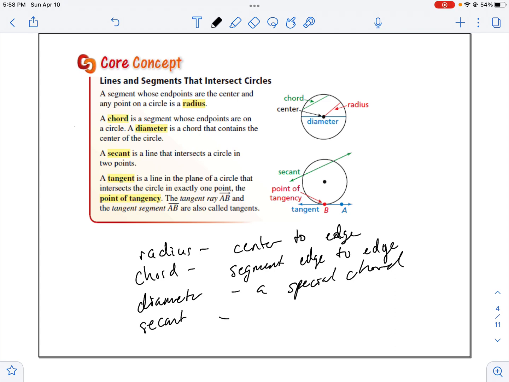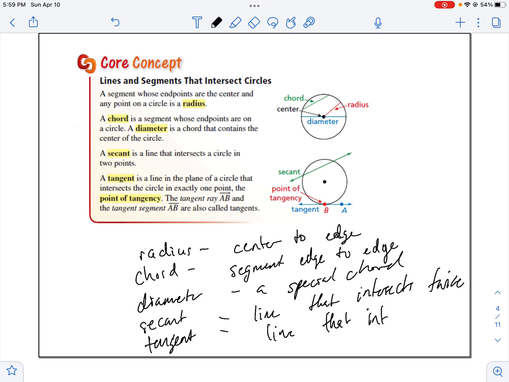The main difference: a secant is a line that intersects twice. A tangent is a line that intersects once. So there you go. You've got some definitions. Let's put these into practice.